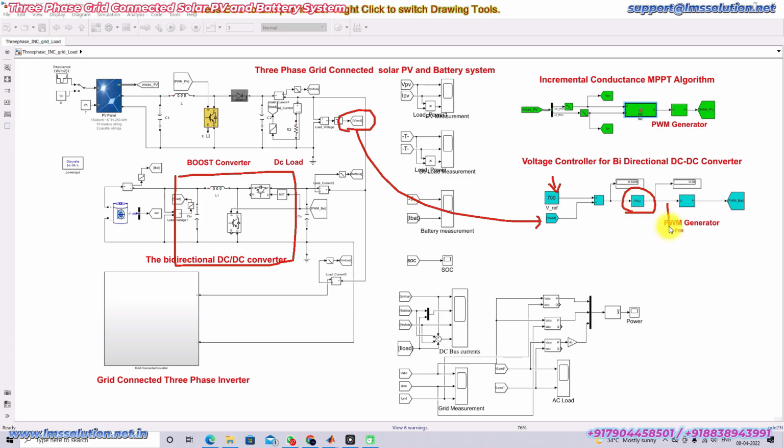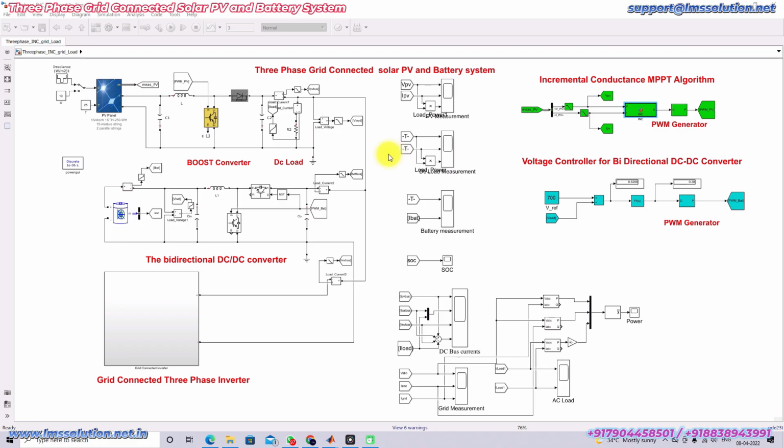This PI controller generates the duty cycle, which goes through a PWM generator to generate the pulse. This pulse is given to these two IGBTs in order to maintain the DC bus voltage around 700. Okay, so these are the control logic for the solar PV MPPT and voltage control of the bidirectional DC-DC converter.